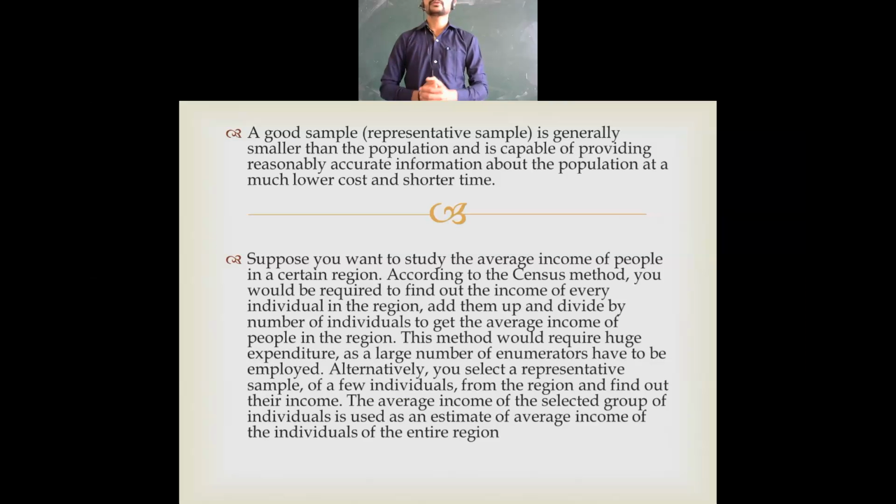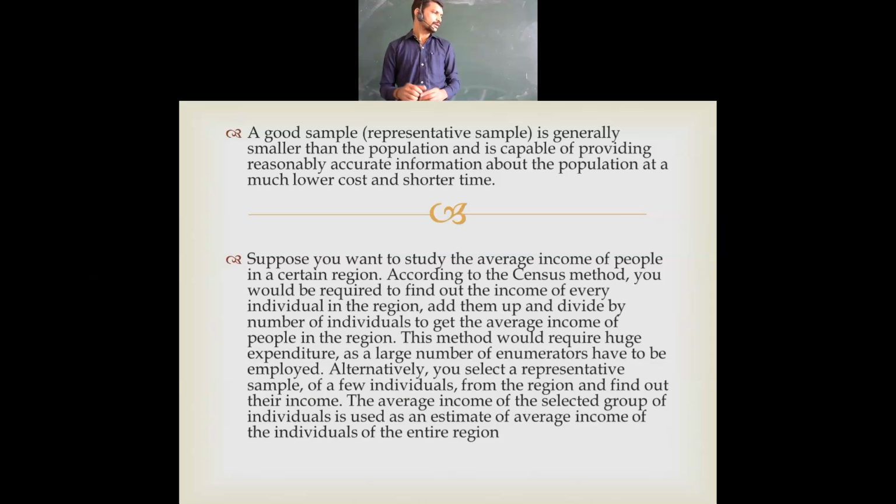Whatever number of people's information you obtain is divided by the total number of people present there, giving the average income of the individuals. Further, this method requires huge expenditure, and a large number of people have to be employed.